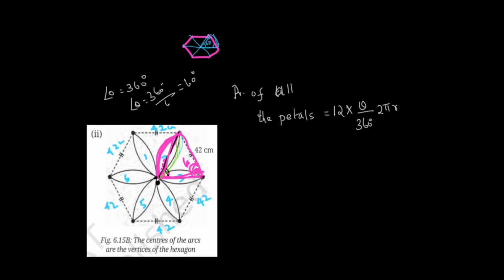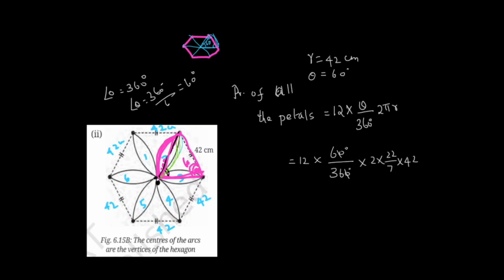So here r is 42 centimeter, the radius is 42 centimeter, and the center angle is 60 degree. So 12 times 60 degree by 360 into 2 into 22 by 7 into 42.